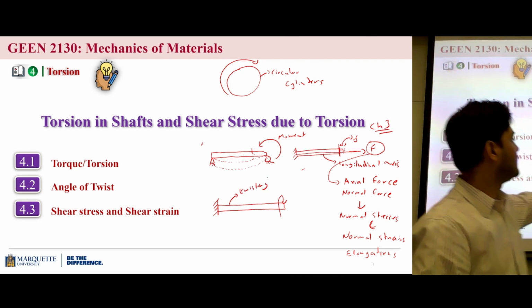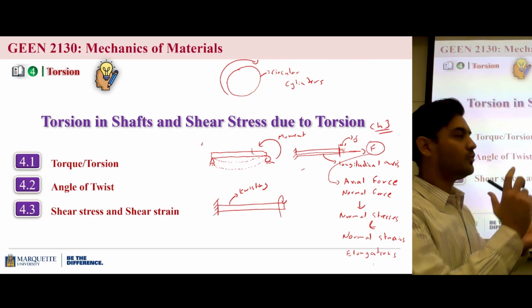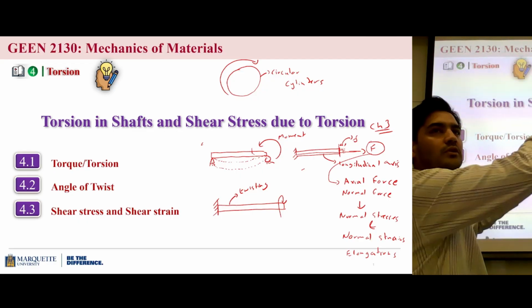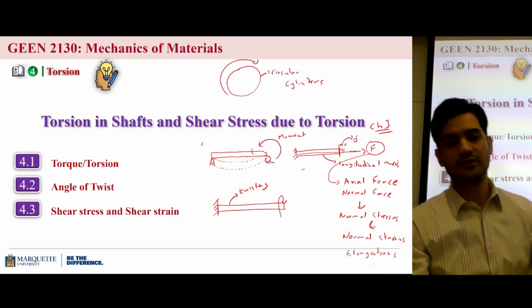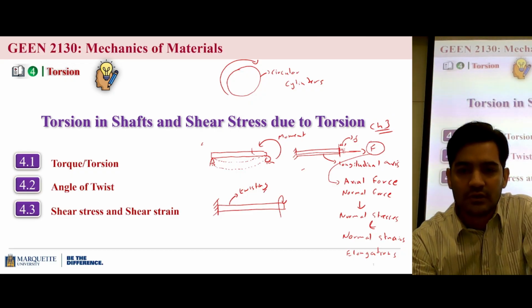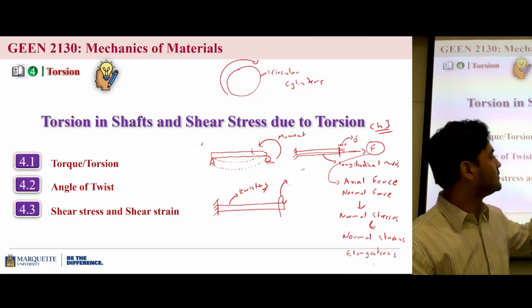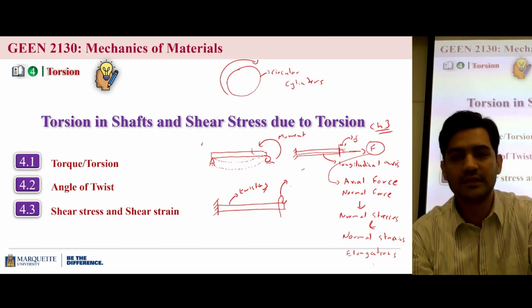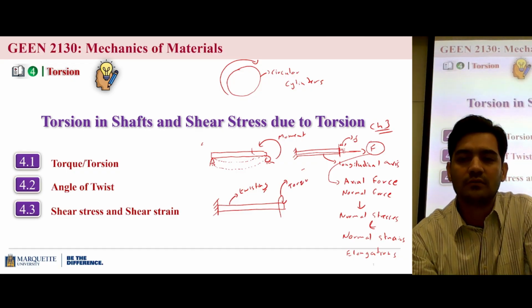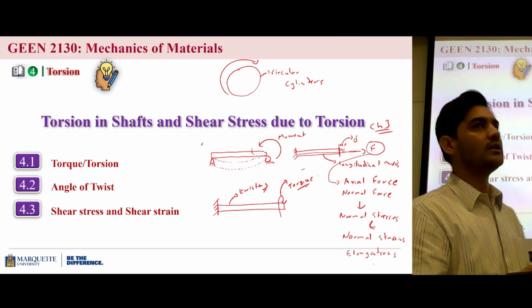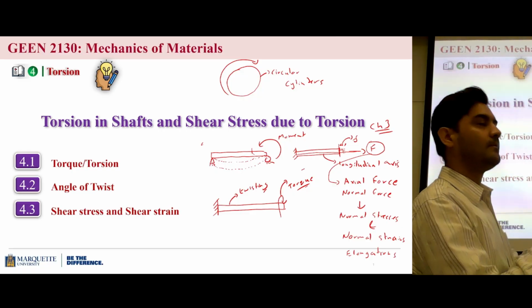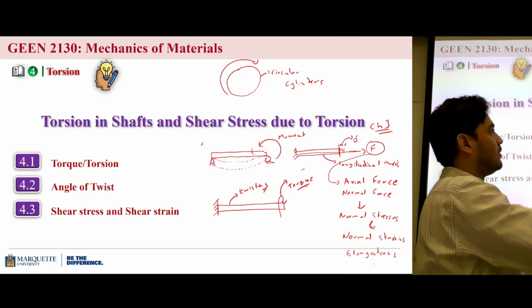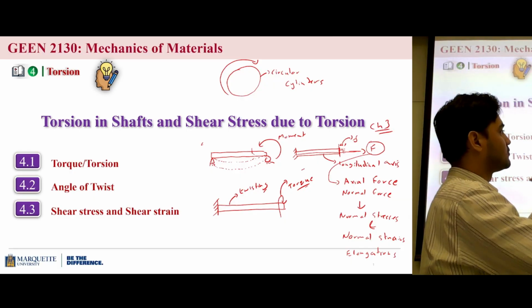So what this moment will do is that it's going to try to twist the circular cylinder. So if a moment is causing twisting, then this type of moment is called torque. Torque is just a moment, but it's acting in a different direction, which is not causing bending, but it is causing twisting.